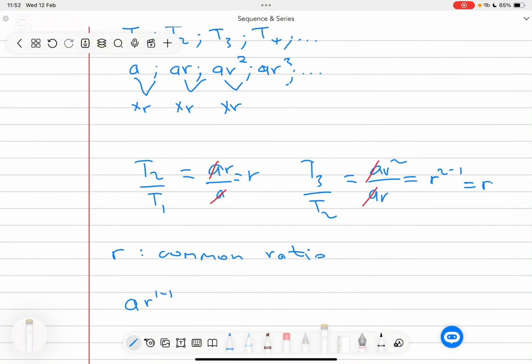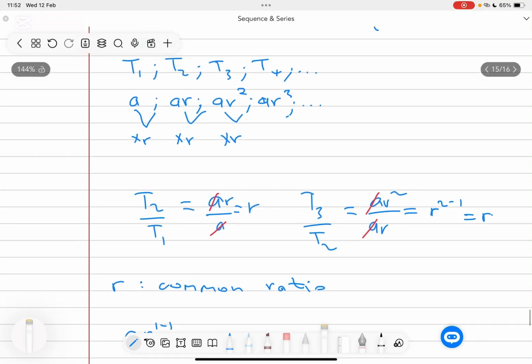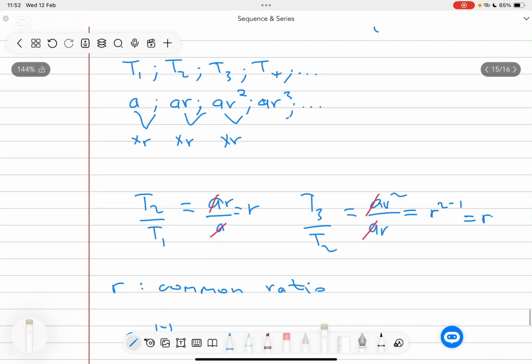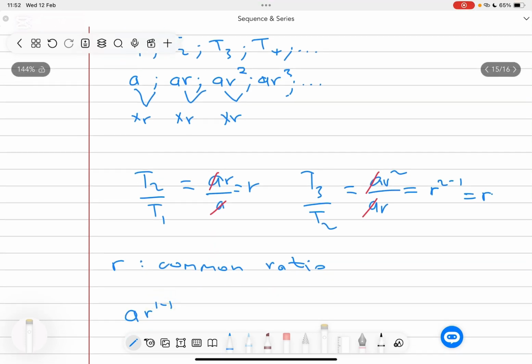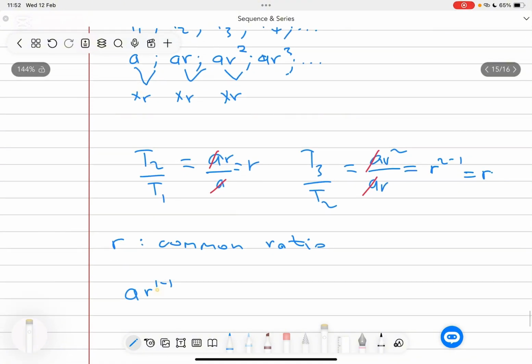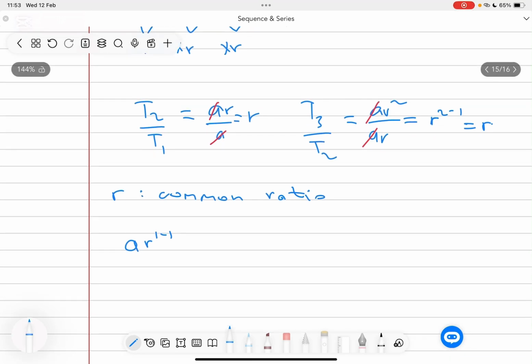I'm saying 1 minus 1 because our pattern is such that term 1 would be given by the number of terms, which is 1, and we subtract 1. The exponent here should be 1 less than the number of terms. Now, if we do that, we're going to have A R to the power 0.